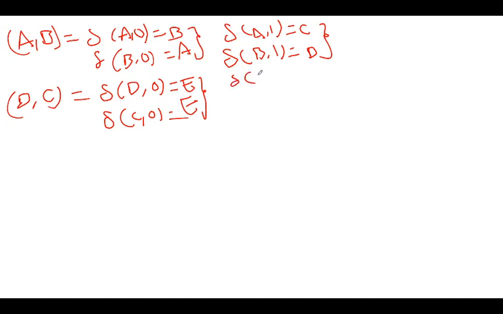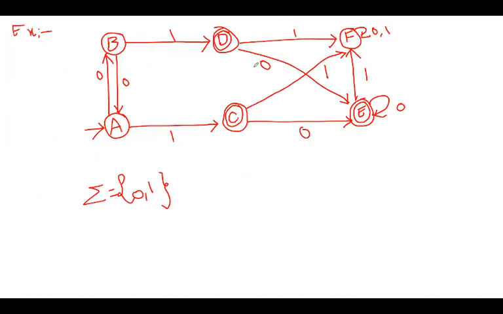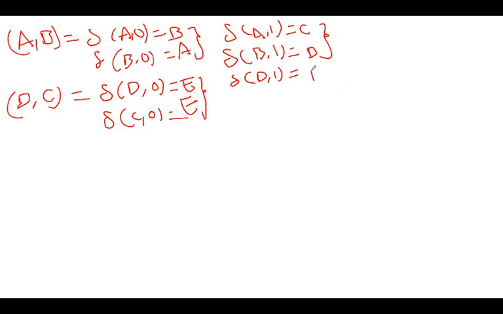When both are equal, we skip that part without observing the previous diagram. D comma 1: D on taking input 1 goes to F. Transition of C comma 1.